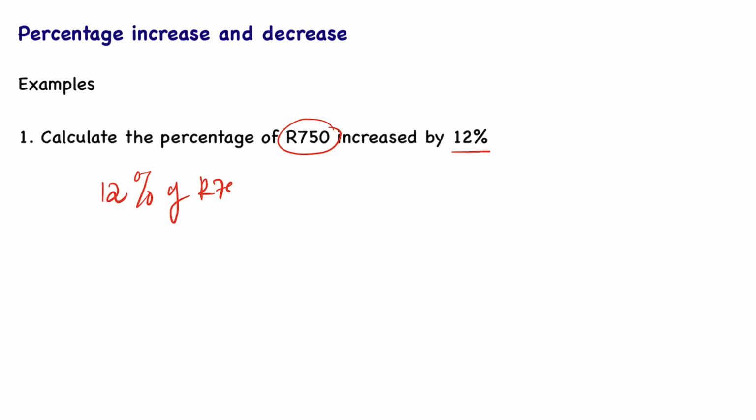Of 750 rands. And then we'll say 12 divided by 100 times by 750, which is 90 rand. So the 750 is going to increase by 90 rand.